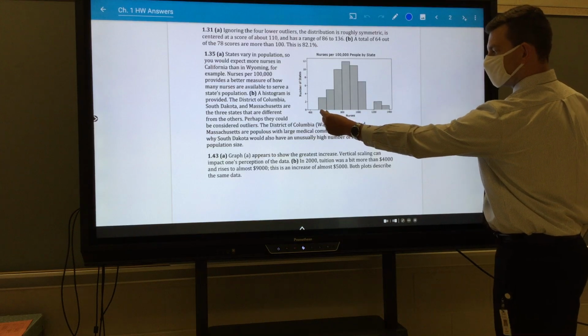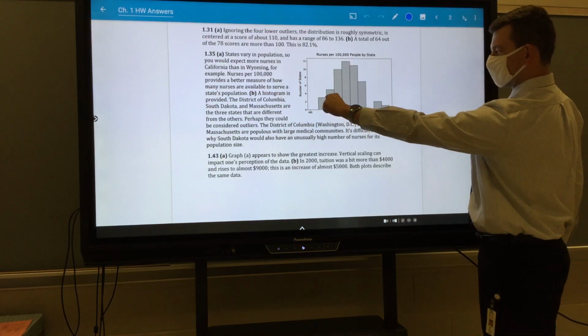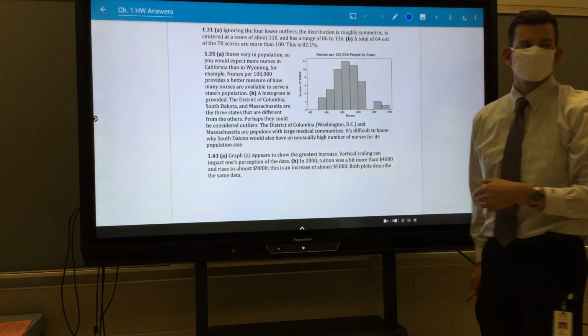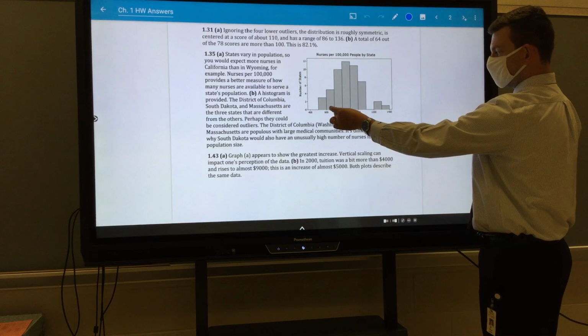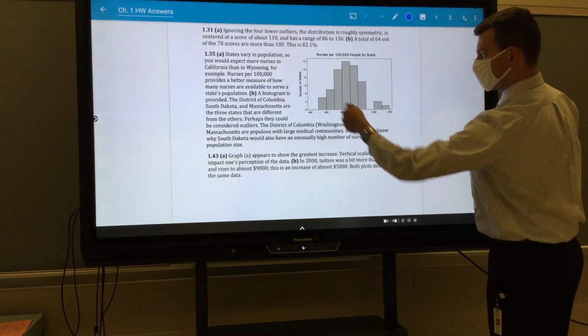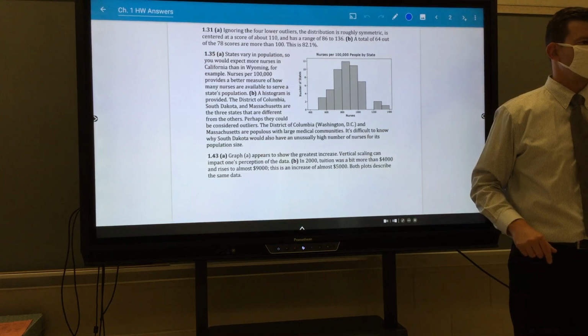So 500 to 600 per 100,000 people. Looked like there were 3 states there, so that was the height of that bar. The next interval was 600 to 700. There were, looks like 5 states that fell into that range, so that's the height of that bar.